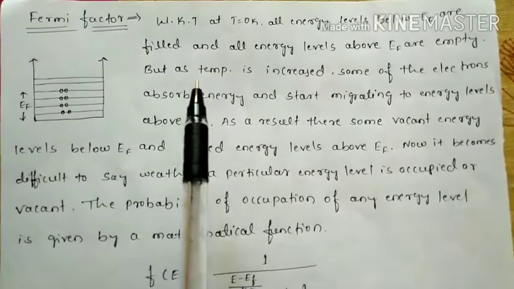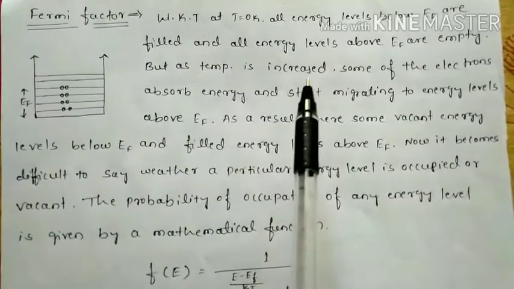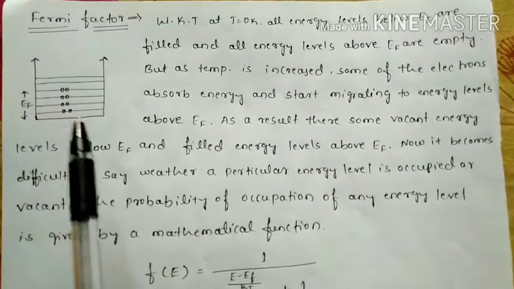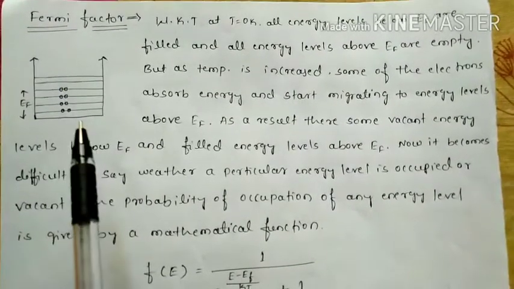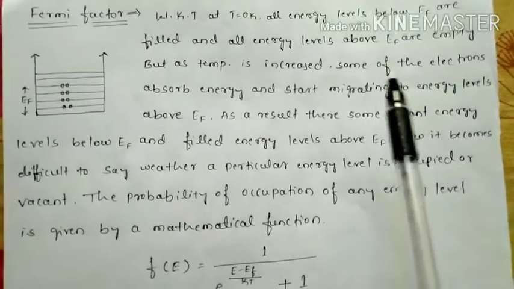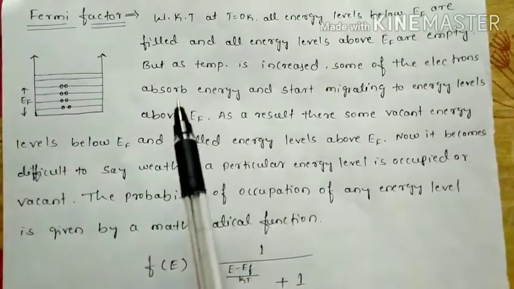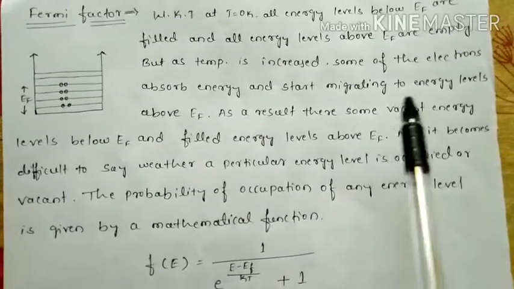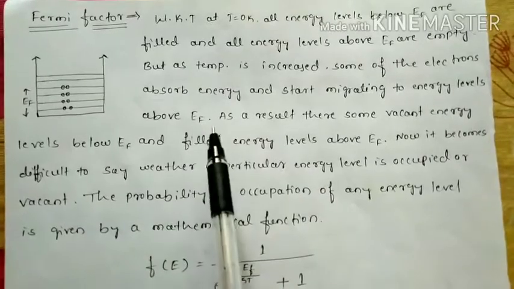This is the condition at absolute zero temperature, that is 0 Kelvin. But as the temperature is increased, some of the electrons absorb energy and start migrating to energy levels above EF.